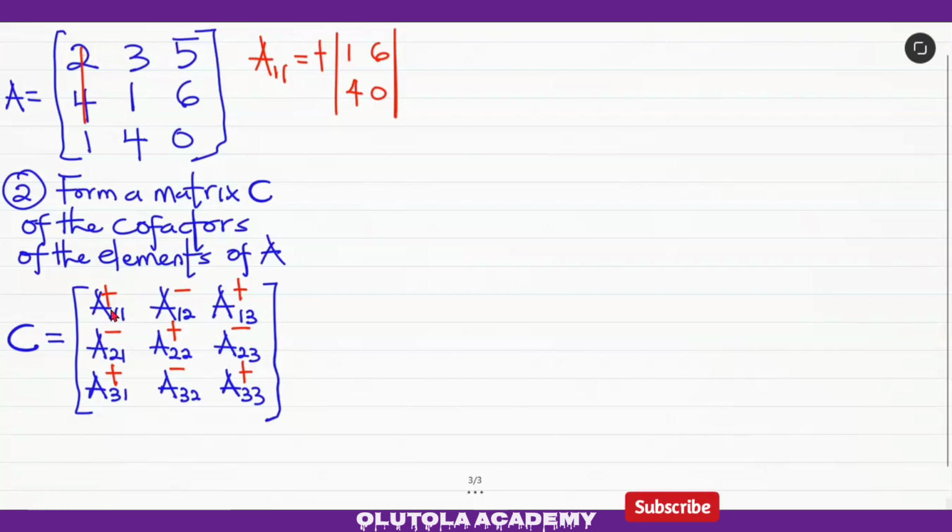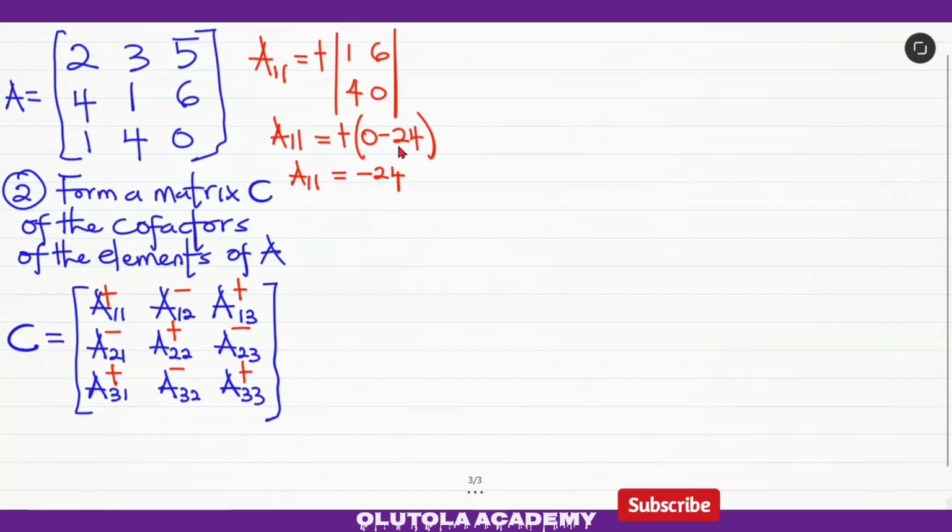So when I find the determinant here, I'm going to have A11 to be positive 0 minus 24. So that's 1 times 0, which gives us 0, then 4 times 6 will give us 24. So A11 will definitely be negative 24.